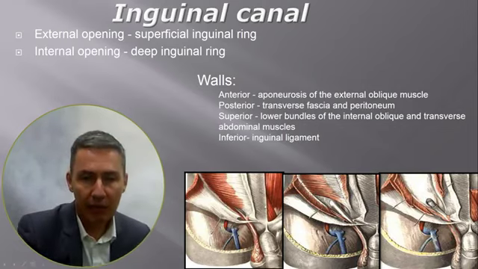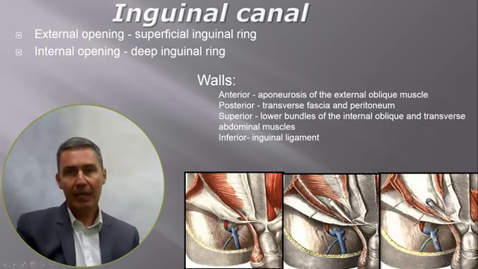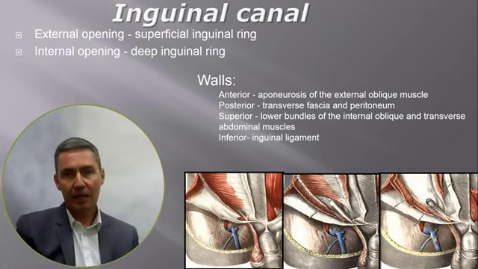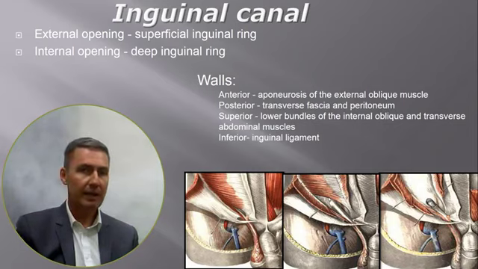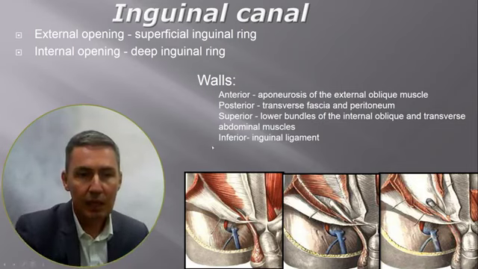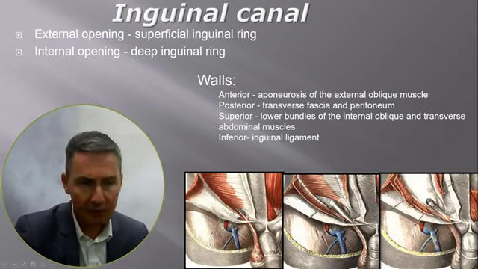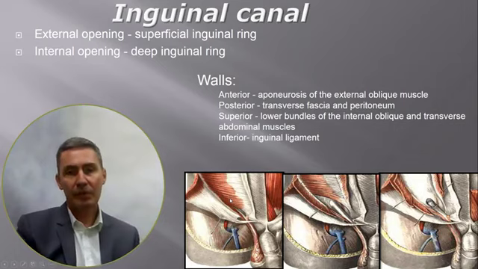The superior wall of the inguinal canal is formed by the free parts or free borders of the internal oblique and transverse abdominis muscles, because these muscles are not attached to the inguinal ligament and have these free borders. And the inferior wall is formed by the inguinal ligament mentioned above, which is formed by the folding of the aponeurosis of the external oblique muscle.